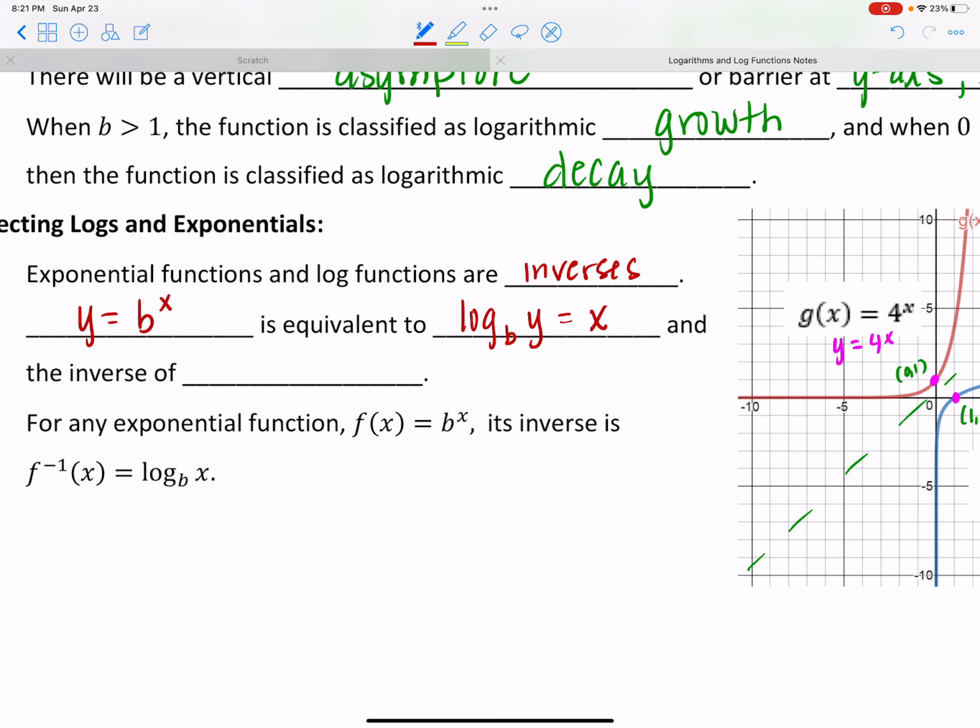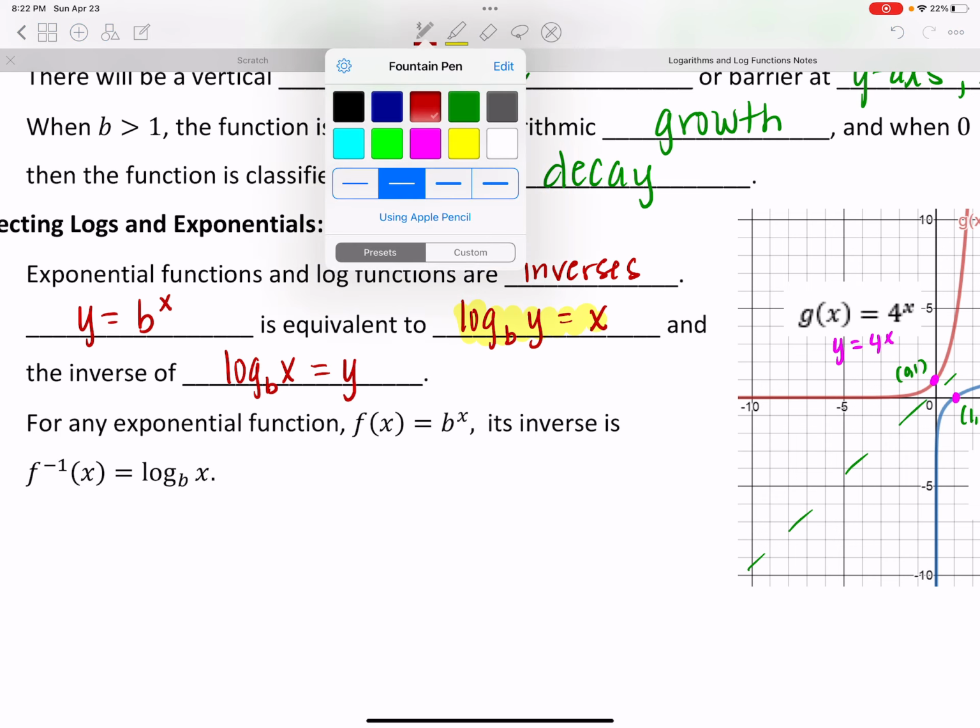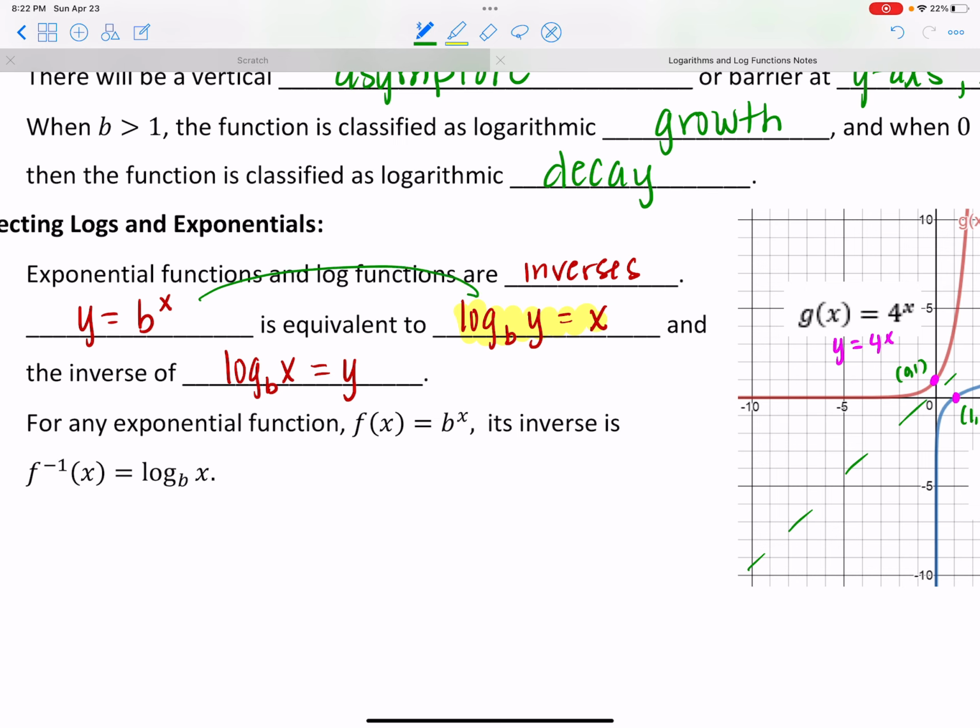But if I was to write the equation for the inverse, then the inputs and the outputs would switch. So if I wanted the inverse of this function, I would switch the input and the output. And so what we would be looking at is the log base b of x equal to y. So from this one, we're looking at an equivalent form, the exponent here, the answer to the log.